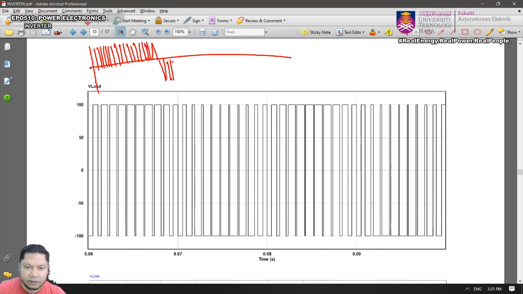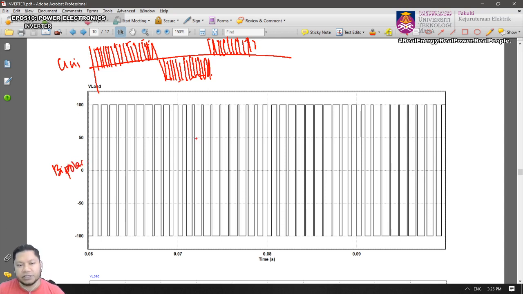And this output, isn't it? So this is bipolar PWM. Sorry, this is unipolar PWM, unipolar, and this is bipolar PWM.